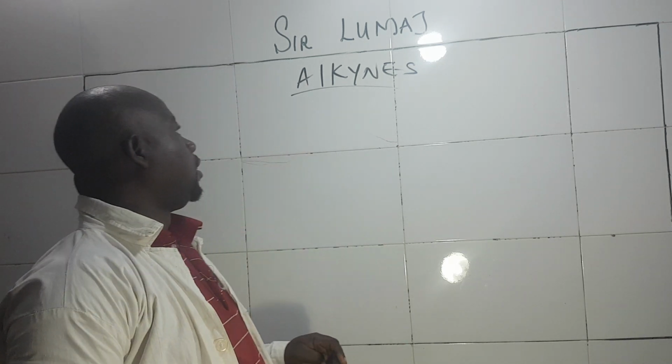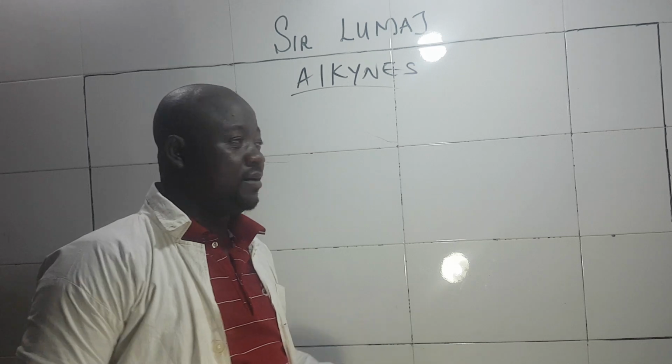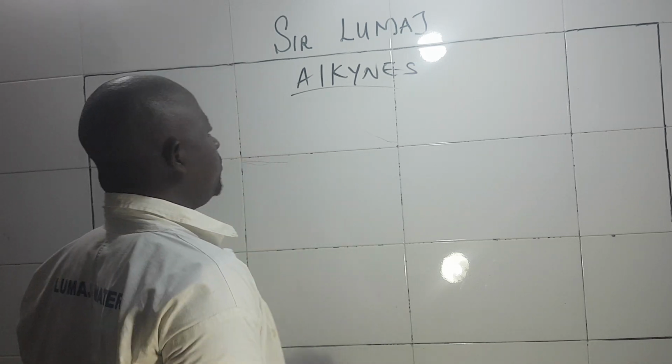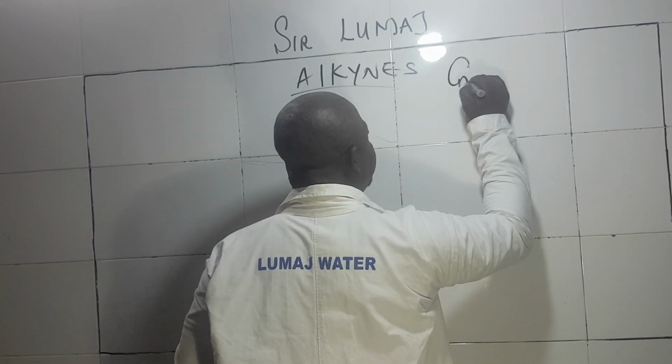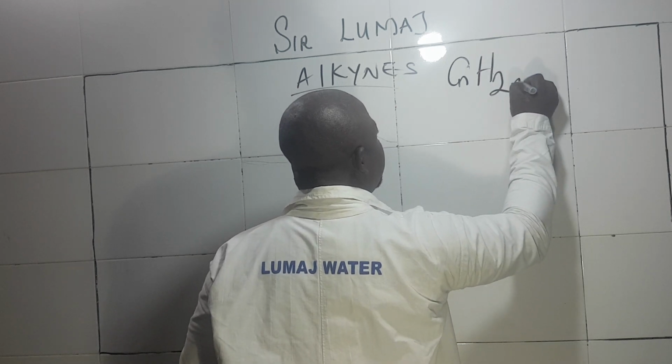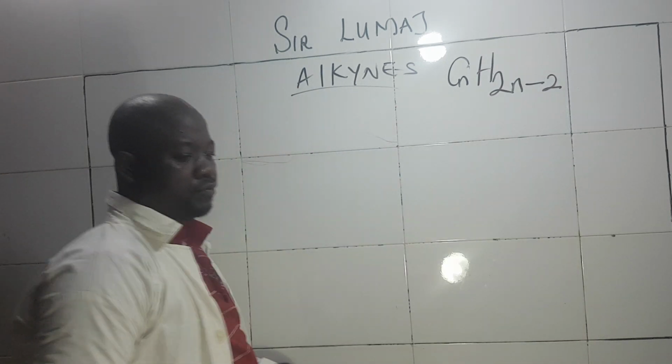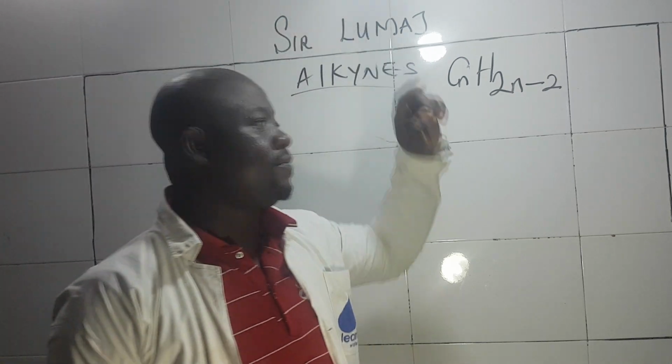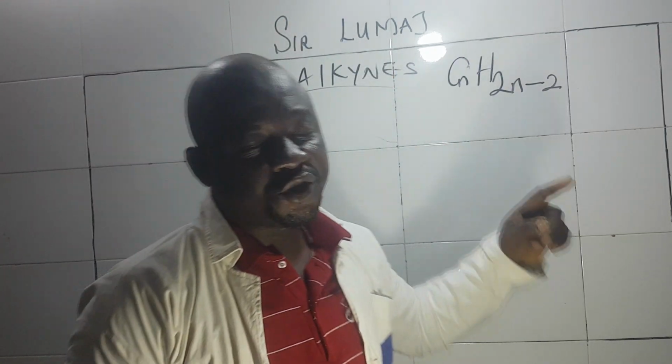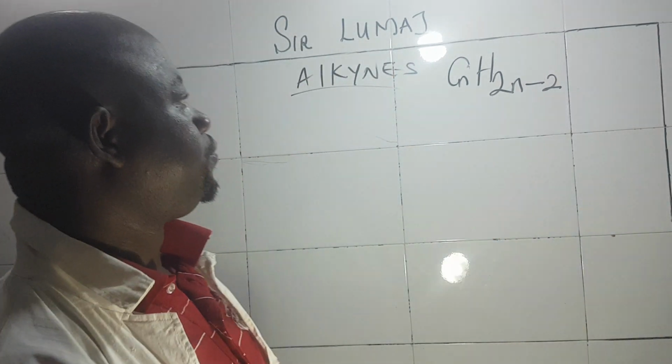Alkynes, just the way I explained alkenes, they have the general molecular formula of CnH2n minus 2. Don't forget alkane has CnH2n plus 2.